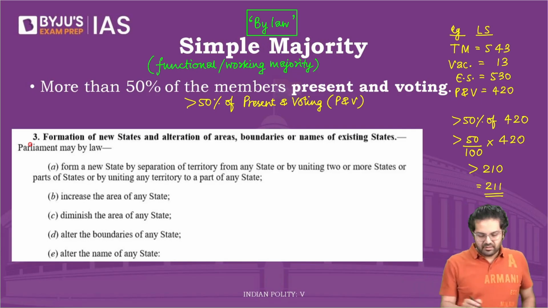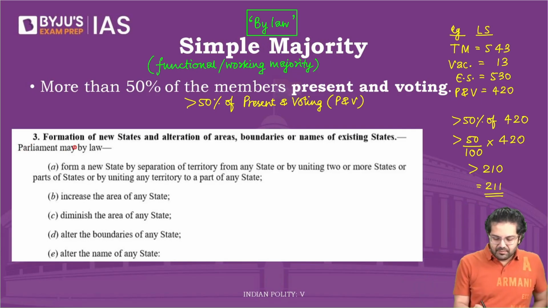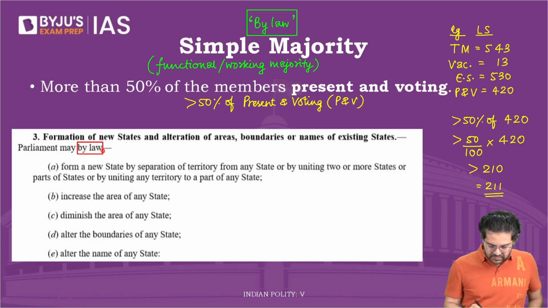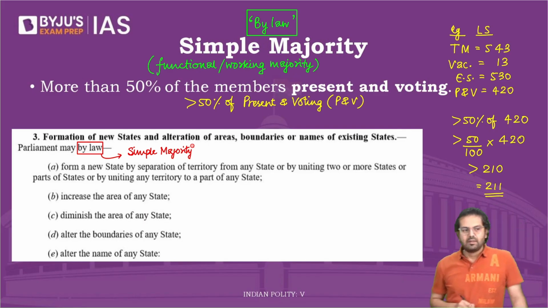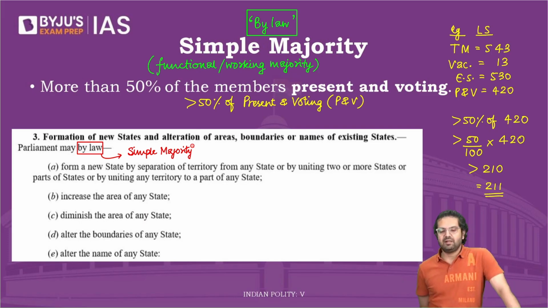Look at the statement here. Parliament may by law. This would mean a reference to simple majority. I hope the point is now clear.